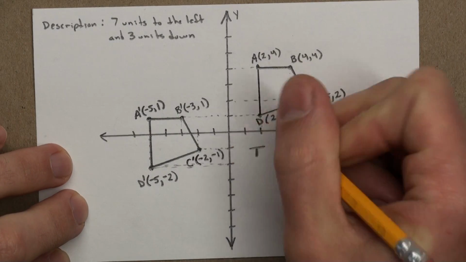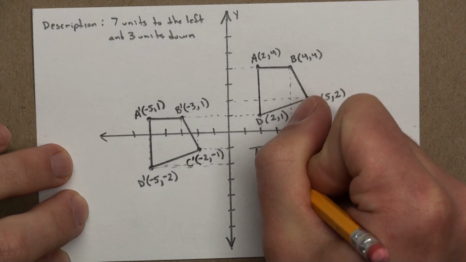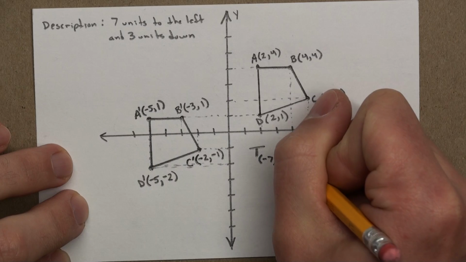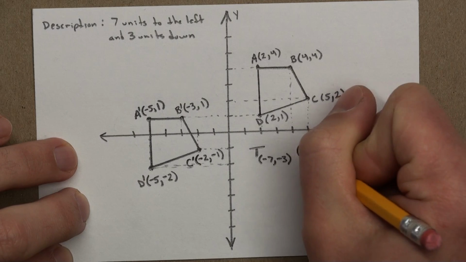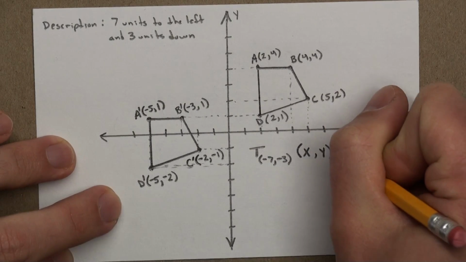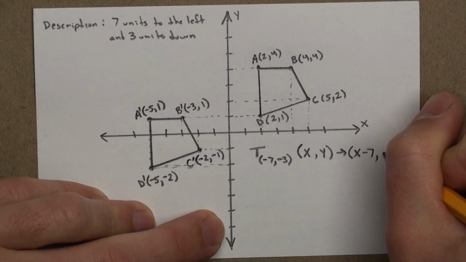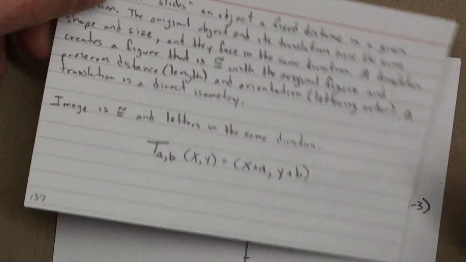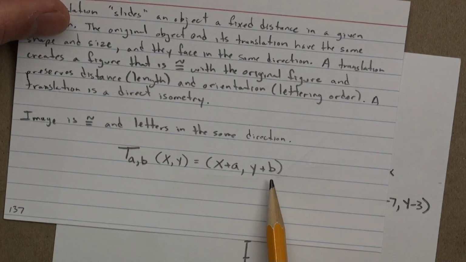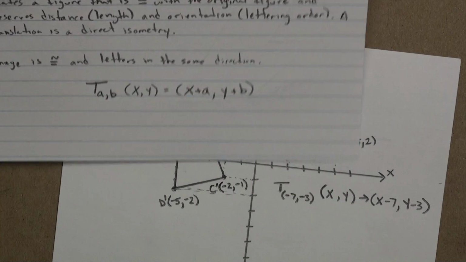We have a translation that's telling us to go -7 in the x direction, -3 in the y direction. So that's going to take our points (x, y) and move them to (x minus 7, y minus 3). Because it's x minus a, y minus b, right? If we look on the last card, it's x plus a, y plus b, but since it's negative numbers, we're really subtracting. Okay, so this is the formula that I'm using.